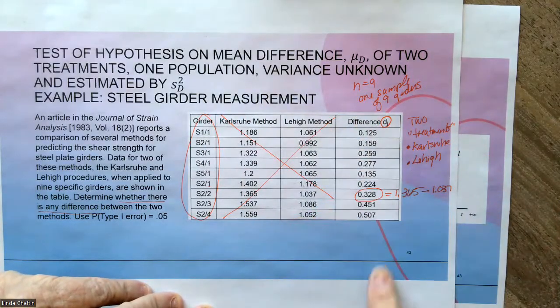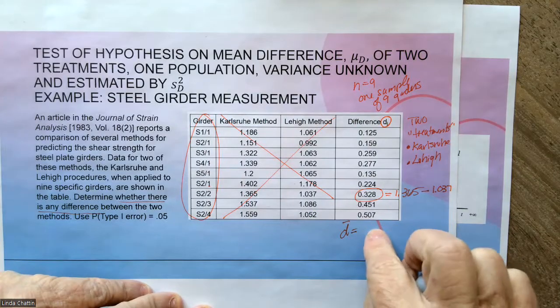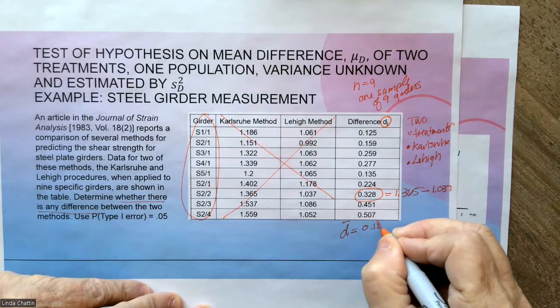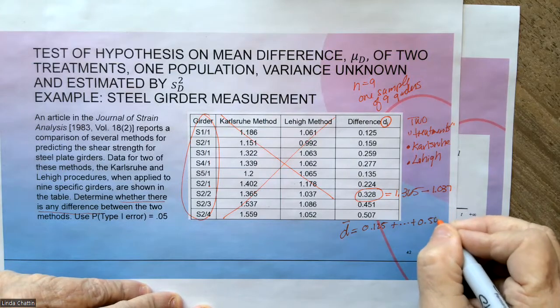So if I put all of this data into my calculator, I'm going to find that the average here will be that 0.125 plus, I'm going to do that 9 times until I get to 0.507.